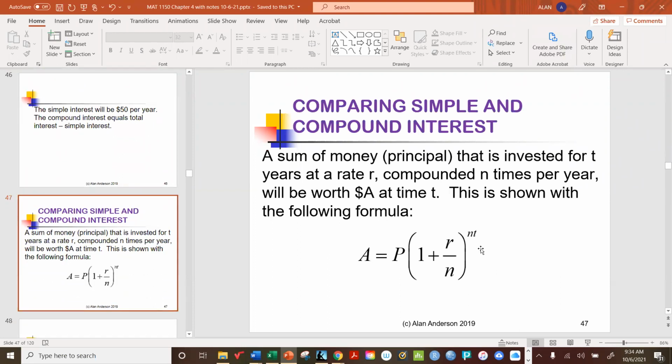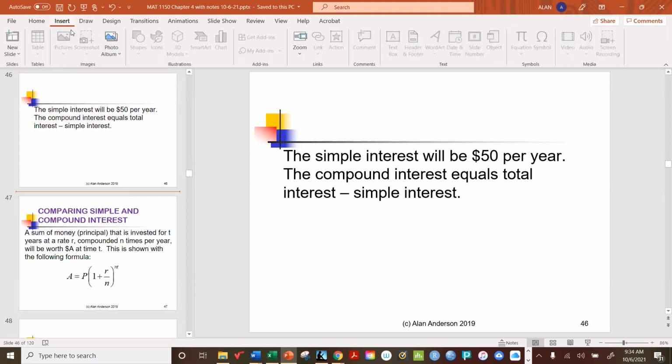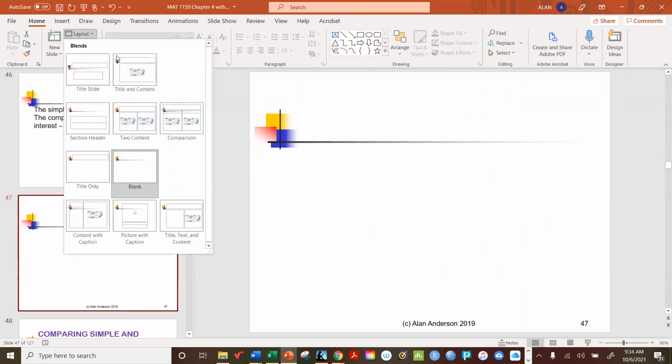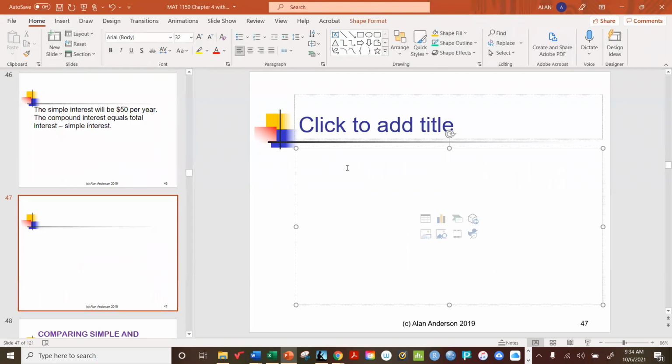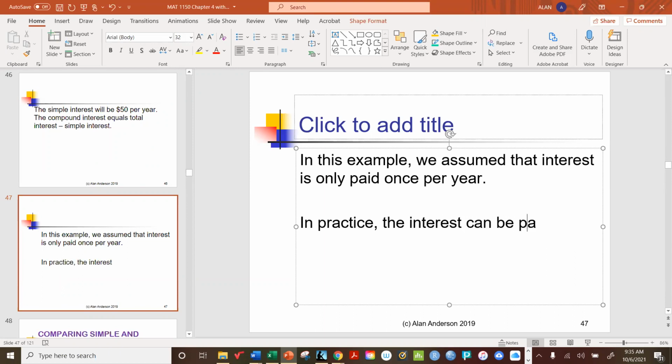Now, here's a formula. All right, let me add one more detail here. So in our example, we assumed that interest is only paid once per year. Okay, 5% once per year. Okay, in practice, the interest can be paid more frequently.